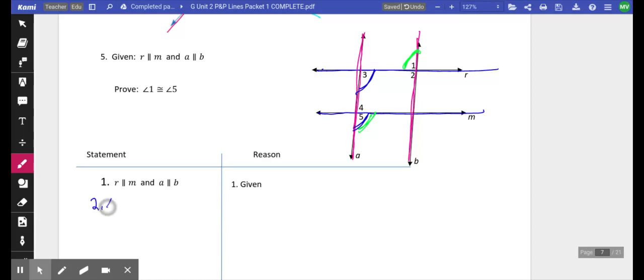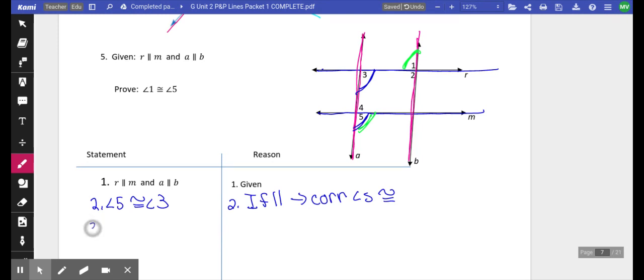So step 2, I'm going to say angle 5 is congruent to angle 3. I'm going to say if parallel, then corresponding angles are congruent. Now I'm trying to get to 1, but I know 5 is the same as 3. So if I look at 3 and 1, is there a relationship there using my pink parallel lines?